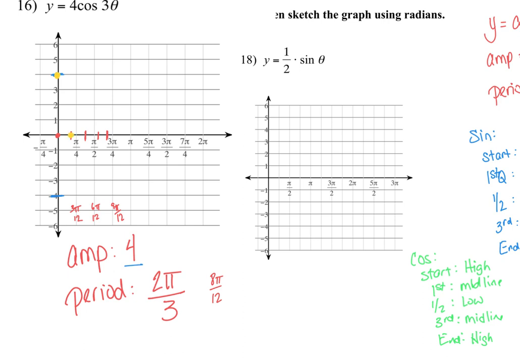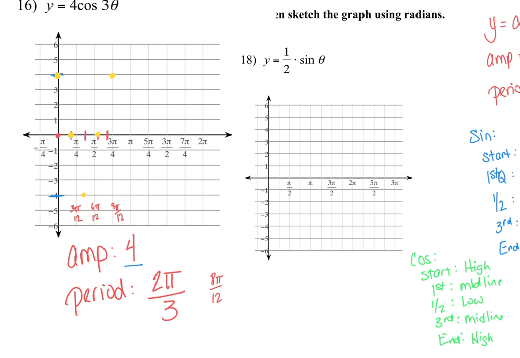All right. Where am I at when I'm at the middle for cosine? Low, which is -4. So I'm going to find that middle point that I've already marked and put it at the low. Third quarter, where am I for a cosine? Midline, and then I end back where I started always.